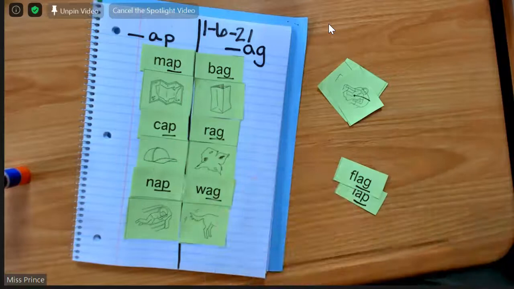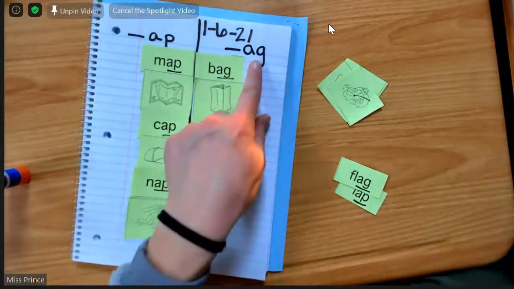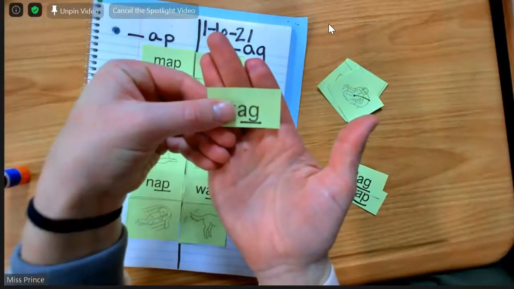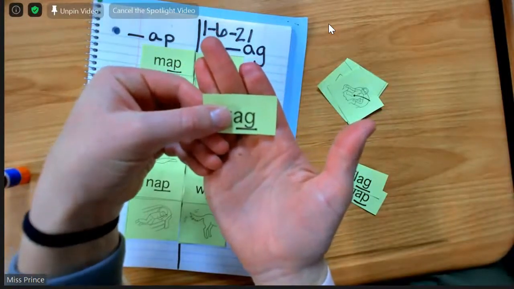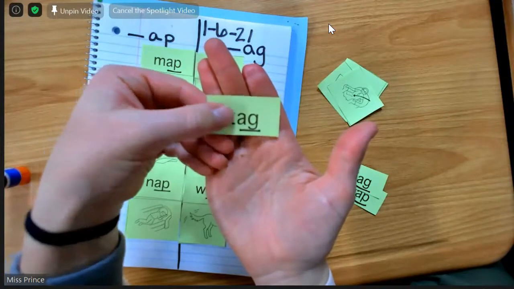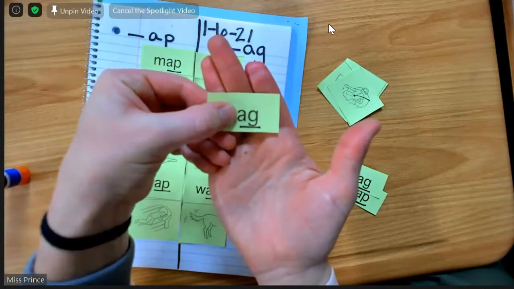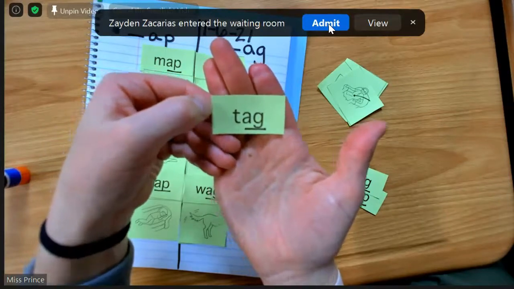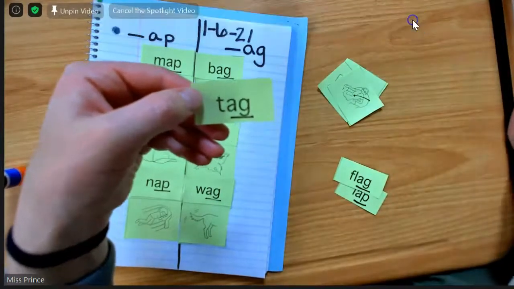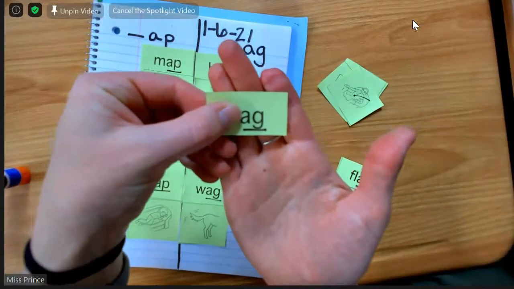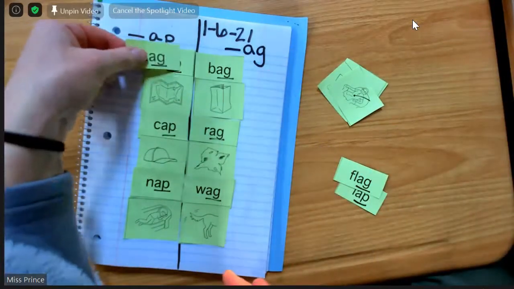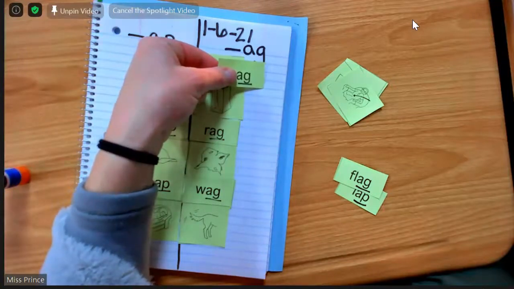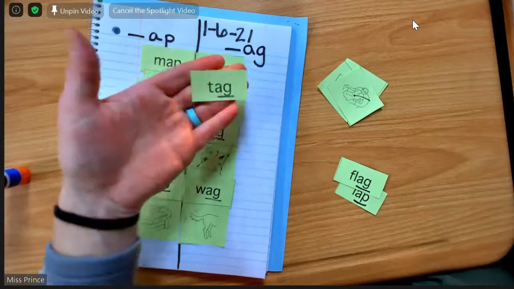Tag. That was so quick. Nice job. Is this app or ag? If I cover up the first letter, does it say app or ag? Does it say app or ag? I think your microphone's off again.